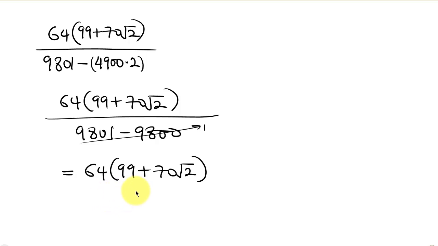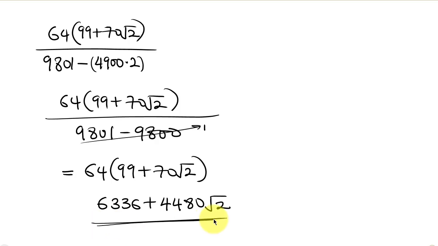So you can decide to stop here as your final answer, or you can decide to open up the brackets by saying 64 times 99, that is 6,336, plus, now 64 times 70 root 2 is 4,480 root 2. Very good. So you can just leave this as your answer, or you leave this as your answer, whichever.